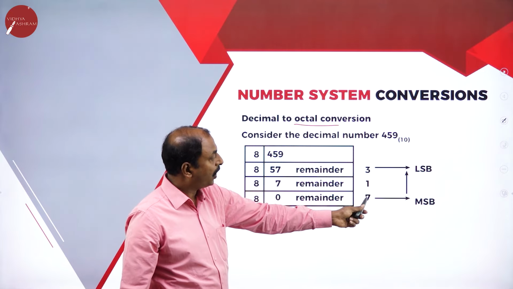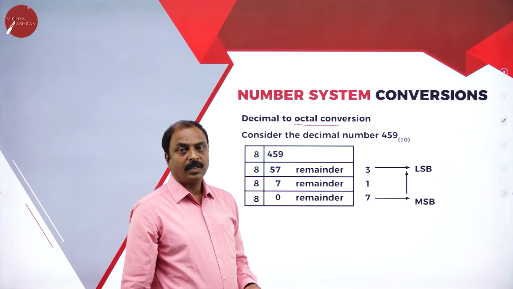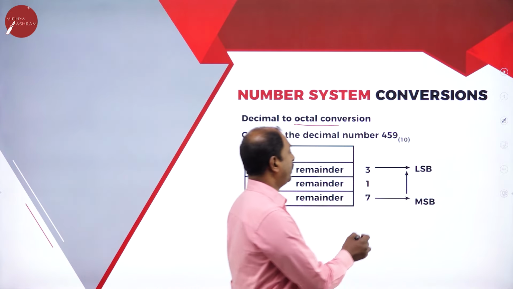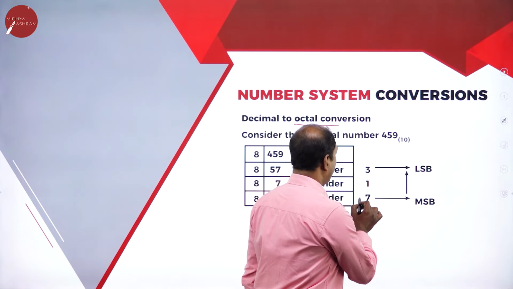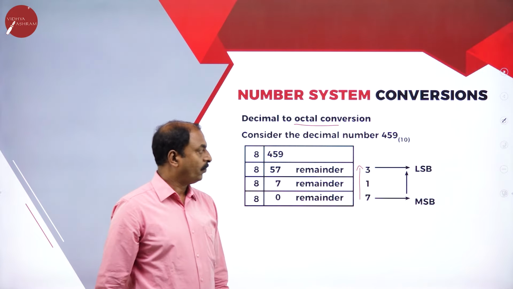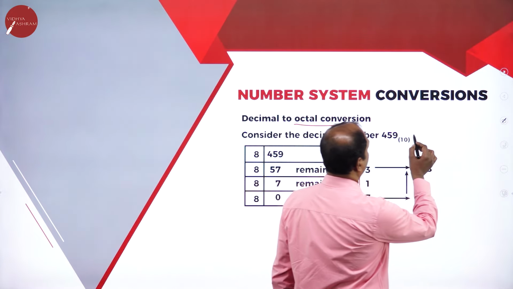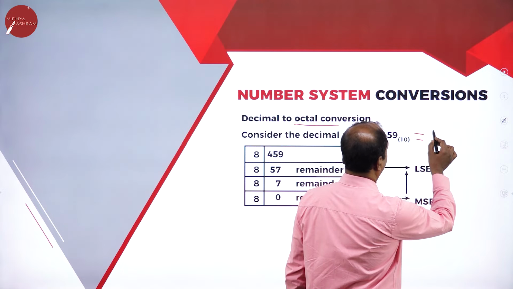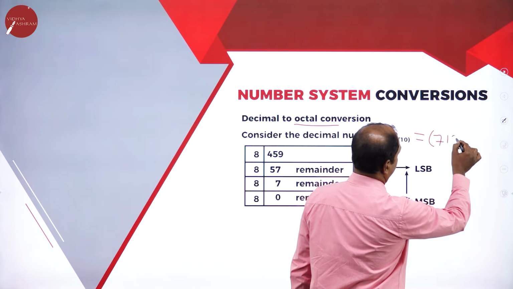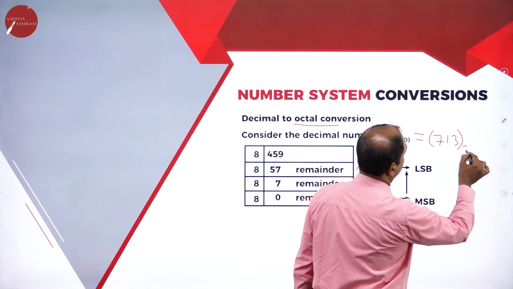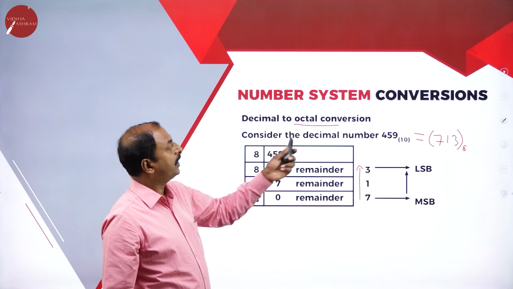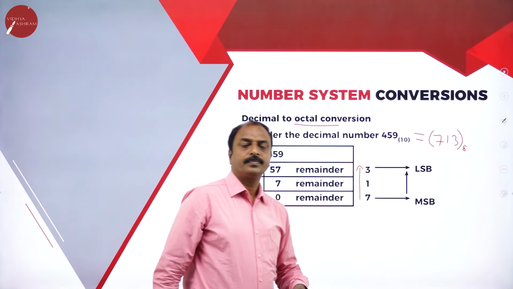So this is how we do decimal to octal conversion, and as usual we have to store the answer like this. So 459 of base 10 is equivalent to 713 of base 8.